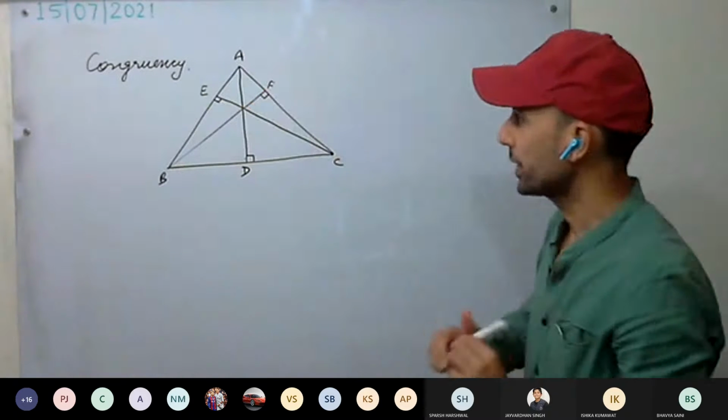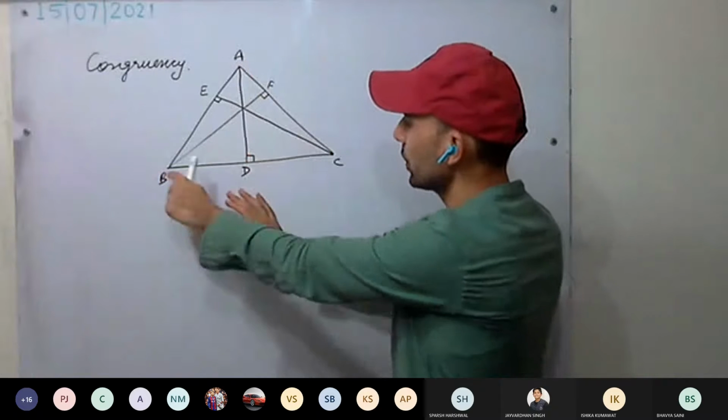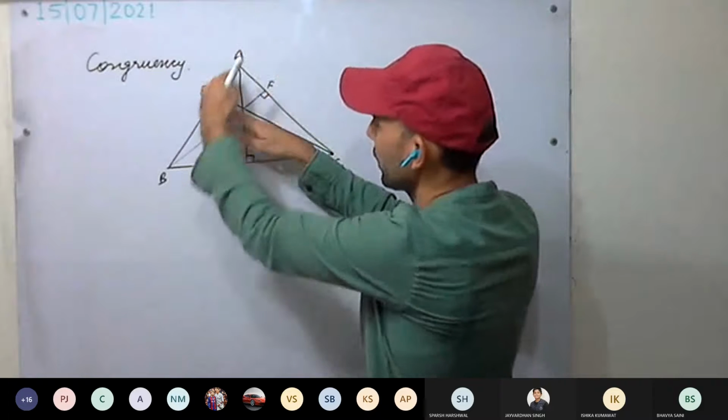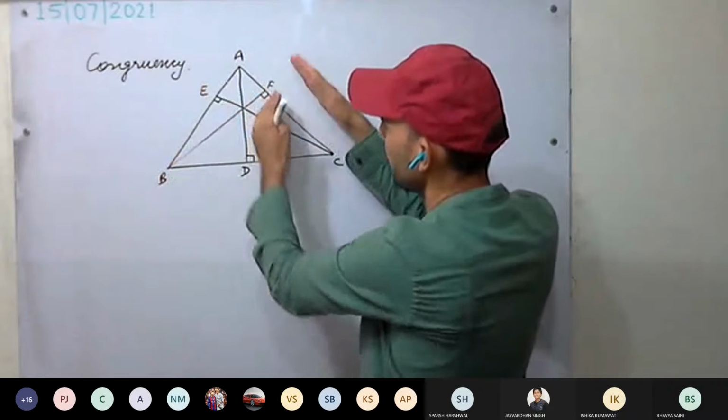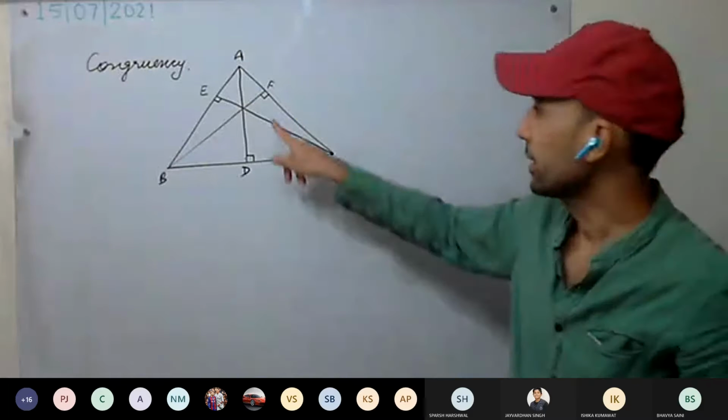AD is perpendicular to BC, so AD is the altitude. CE is the altitude, perpendicular to AB. Similarly, BF is perpendicular to AC. These are the three altitudes.